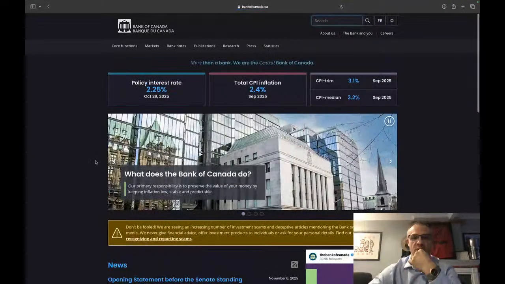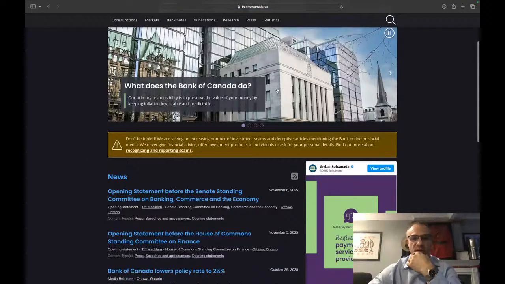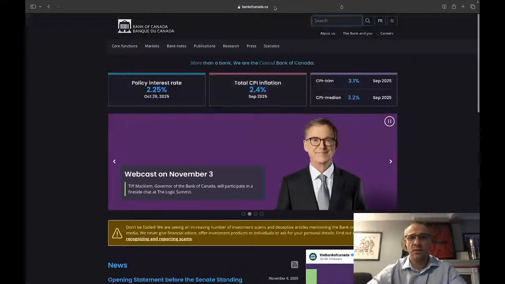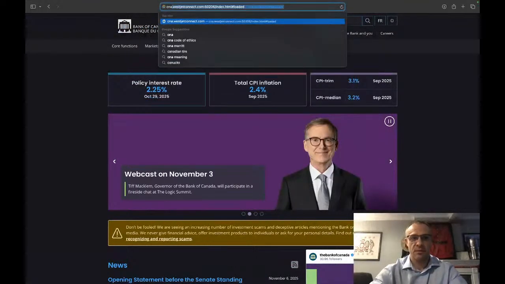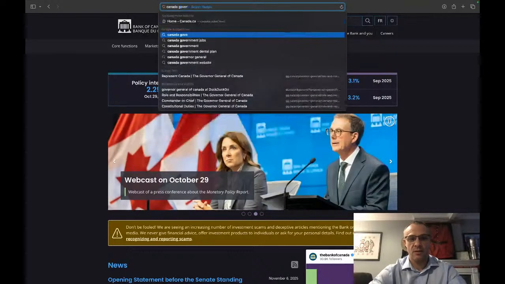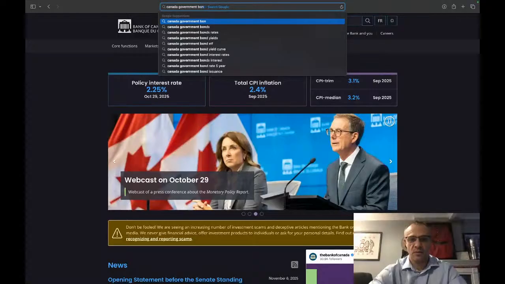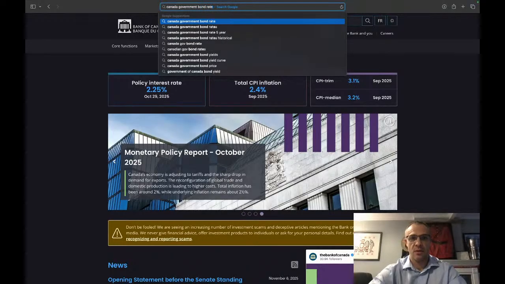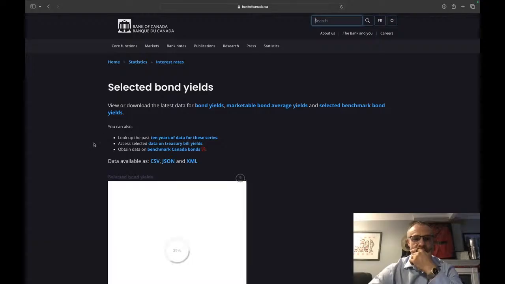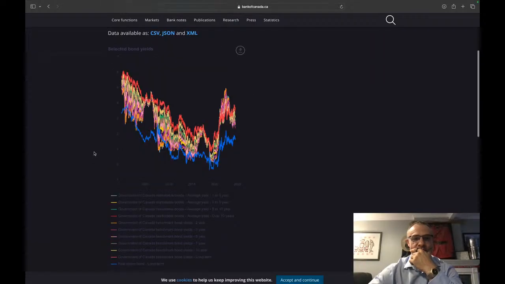And here's the bond rates. I had it up. I guess that's not the right link. So, Canada government bond rate. There. This will come up.